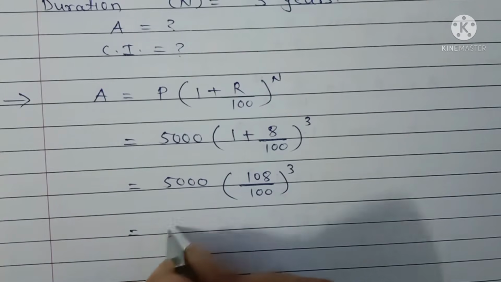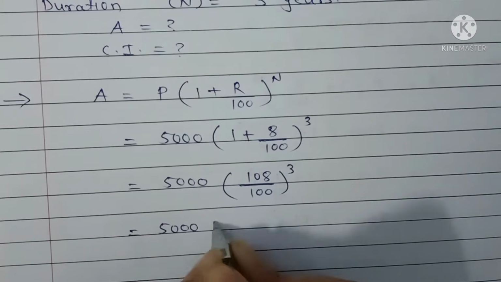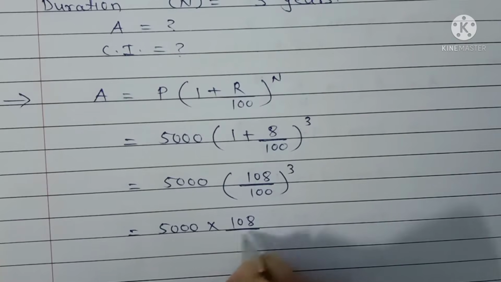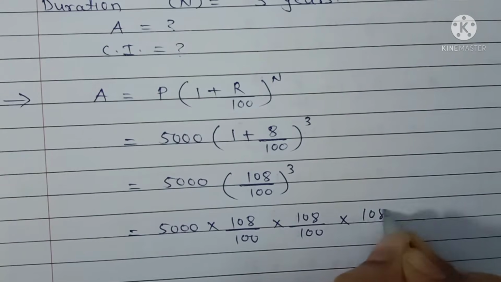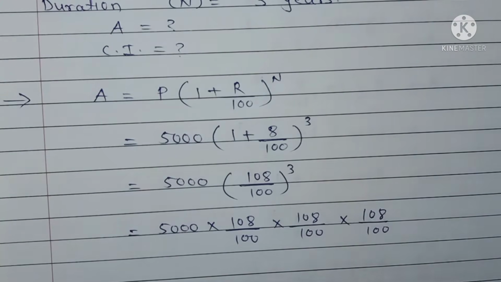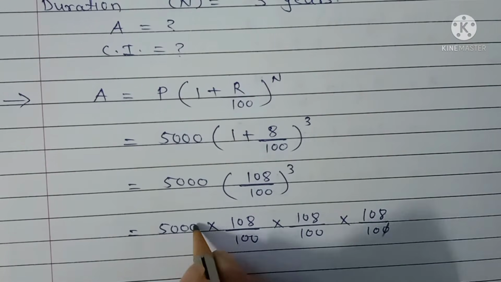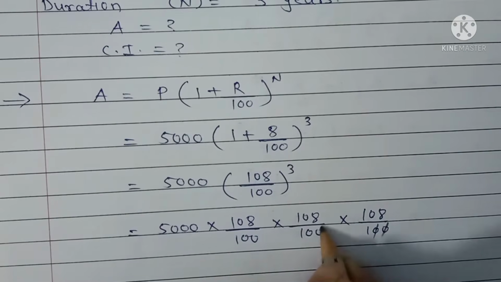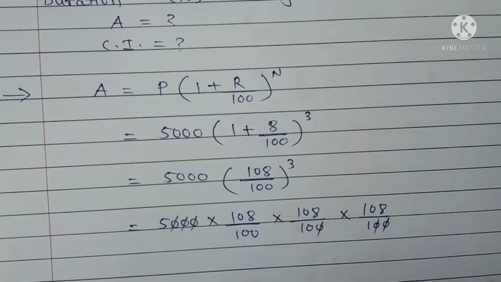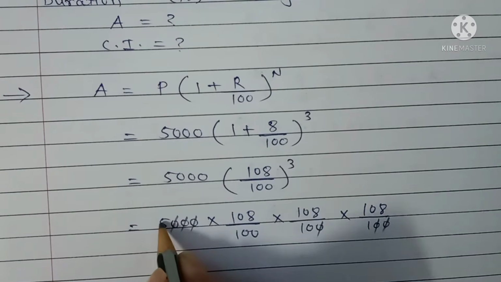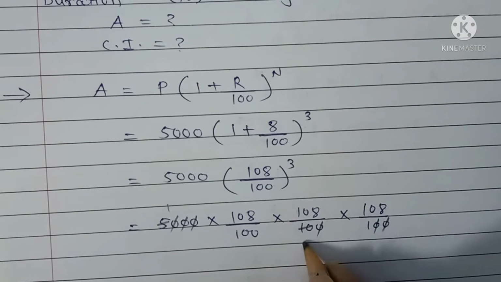Cube means 3 times. This 5000 as it is, multiply by 108 upon 100. Write down 3 times. Here also cancel the zeros. 5 ones are 5, 5 twos are 10.